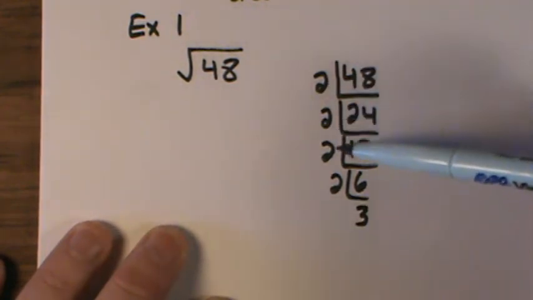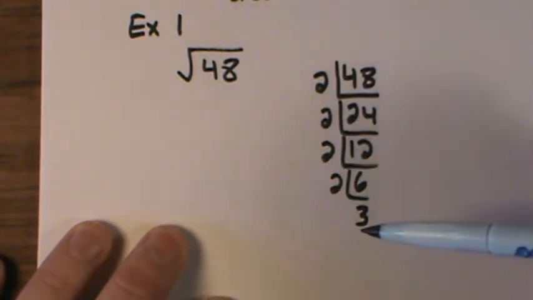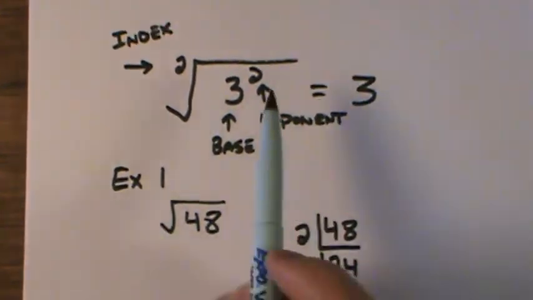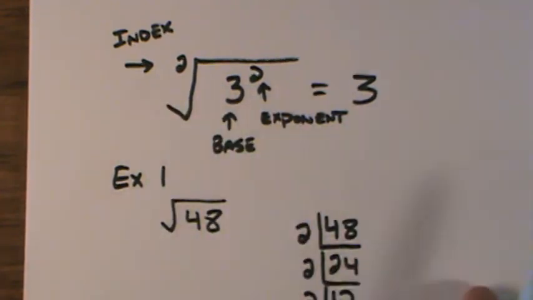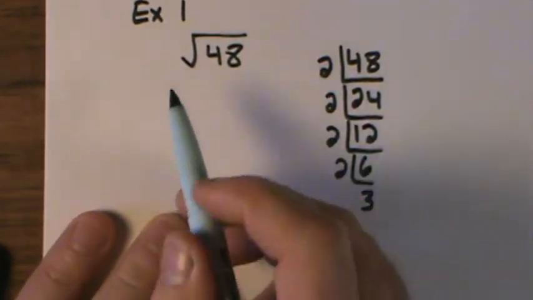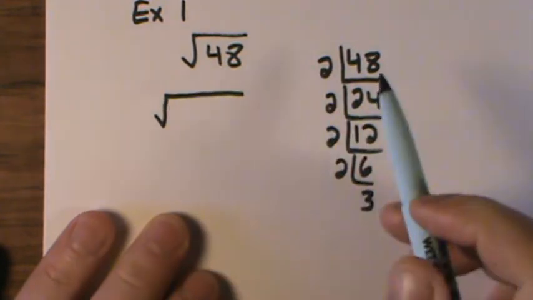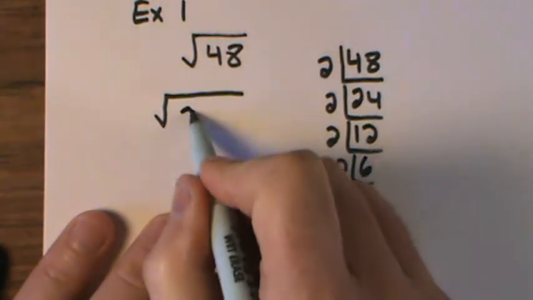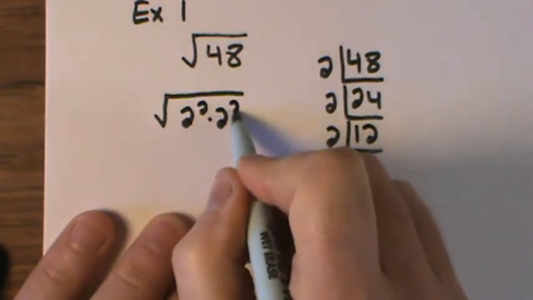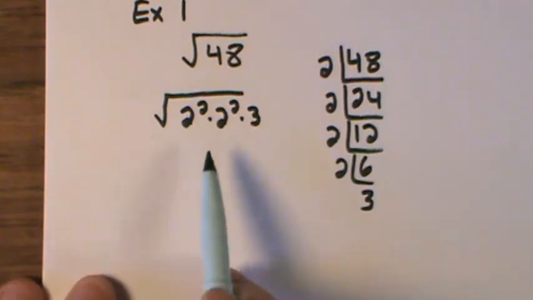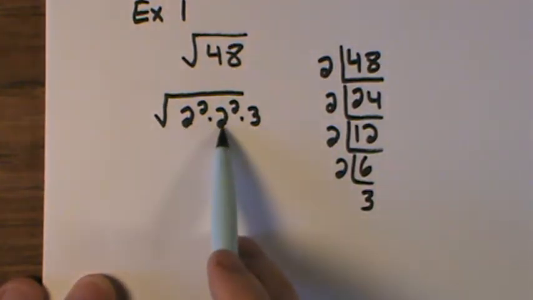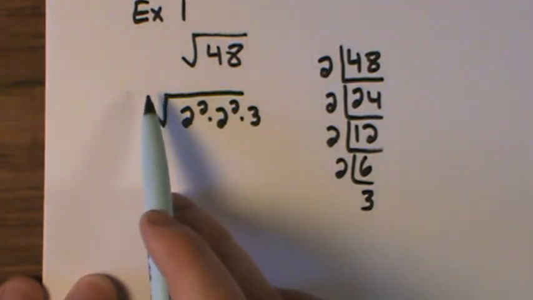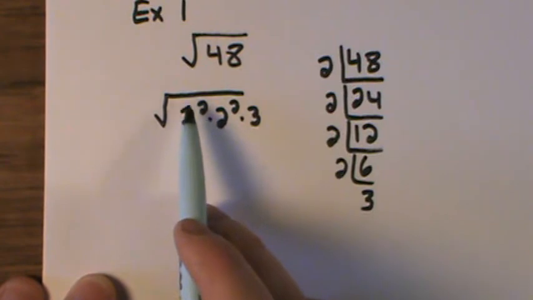Now as I look at this prime factorization, my goal is to find pairs to get the ticket so parts of my term can come out of the radical. And so what I'll do is I'll rewrite this rad 48 as 2 squared, 2 squared, 3. Now as I look at this, I recognize that each of these 2's can come out from the gate, so to speak, and they'll lose their 2 because the ticket collector is going to take that ticket.